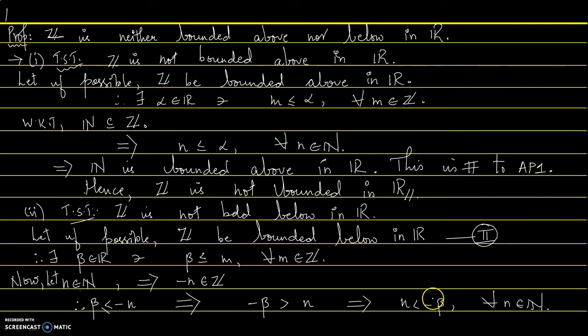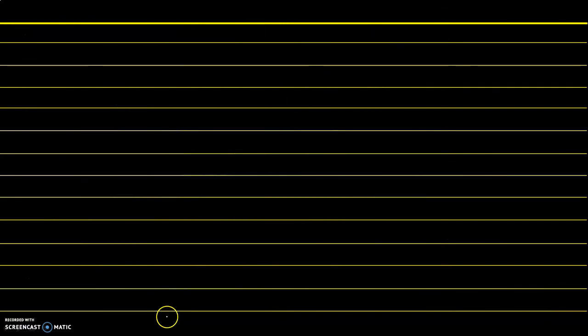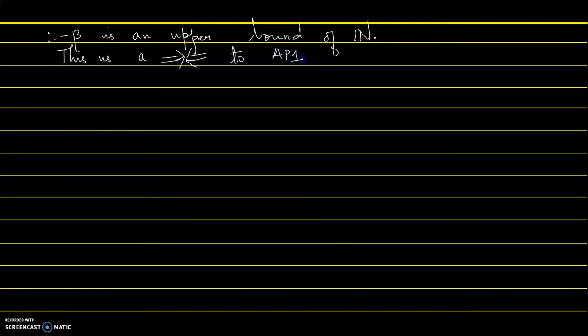That means we have shown that minus beta is an upper bound of N. Again, that's a contradiction to the first form of Archimedean property, because AP1 says the set of natural numbers is not bounded above. This is a contradiction to AP1.